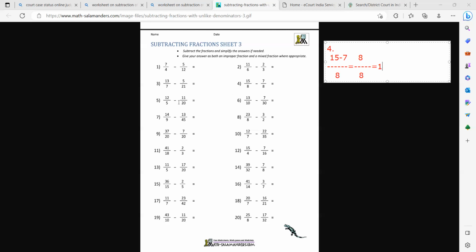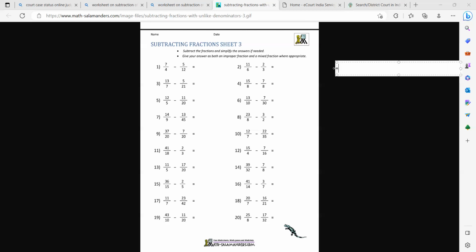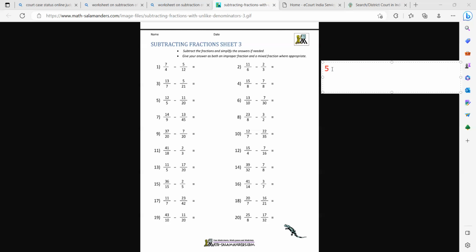Number 5, we have 12 by 5 and 11 by 20. In the same way, we have to first find out the LCM. What is the LCM? The LCM is 20. So 5 into 4, that will give us also 12 into 4.